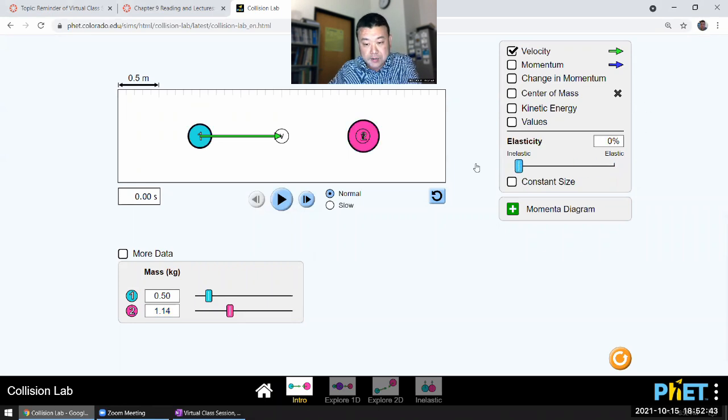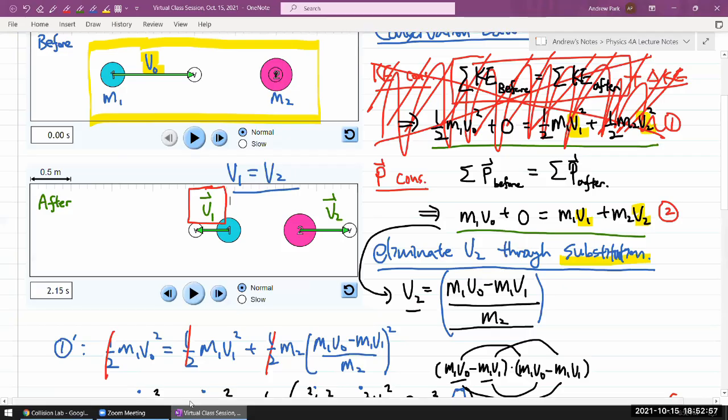After they collide, they stick together and move together. So V1 is equal to V2. That's the additional piece of information that a completely inelastic collision gives you.